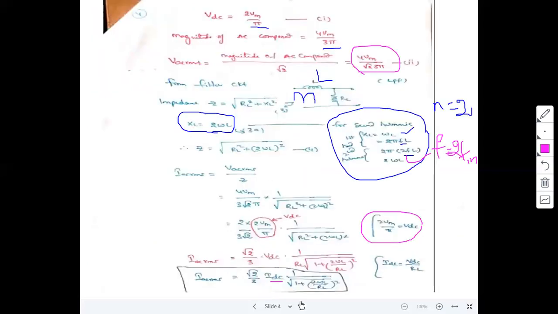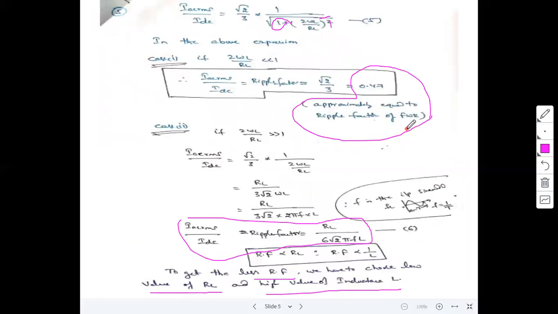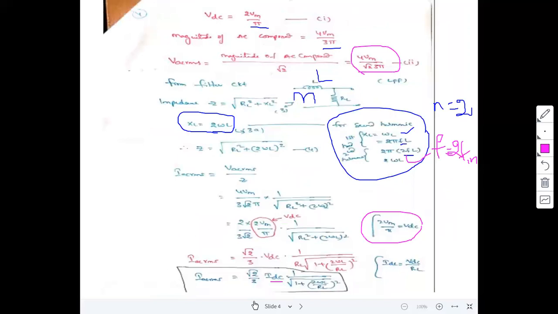It is almost similar to the full wave rectifier ripple factor. The ripple factor may vary depending upon the values of RL and L. To get a lower ripple factor, we have to choose a low value of RL and a high value of inductor. That is about the inductor filter.